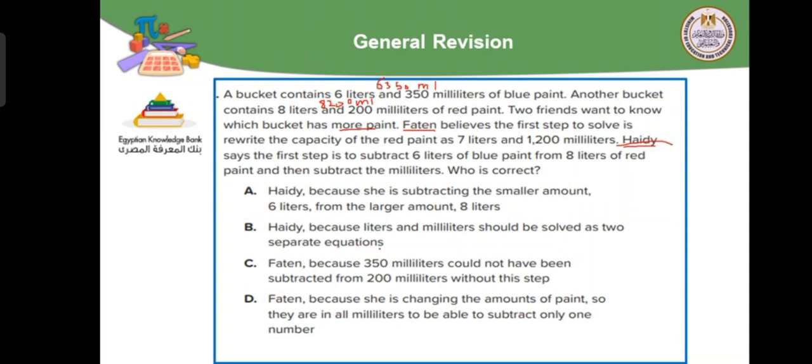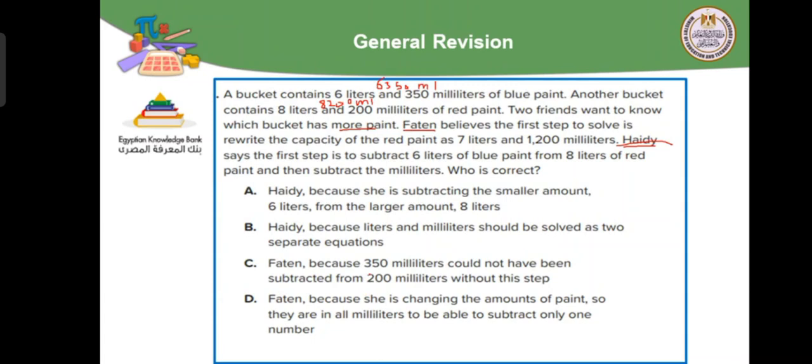Fatin, because 350 milliliters couldn't be subtracted from 200, as 350 is greater than 200. Fatin, because she is changing the amounts of paint so they are all in milliliters to be able to subtract only one number. Which one of these sentences is correct?